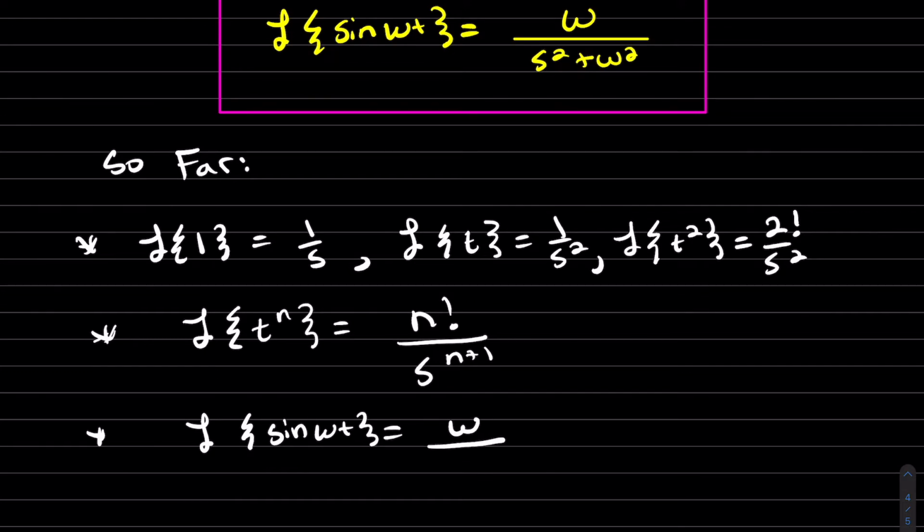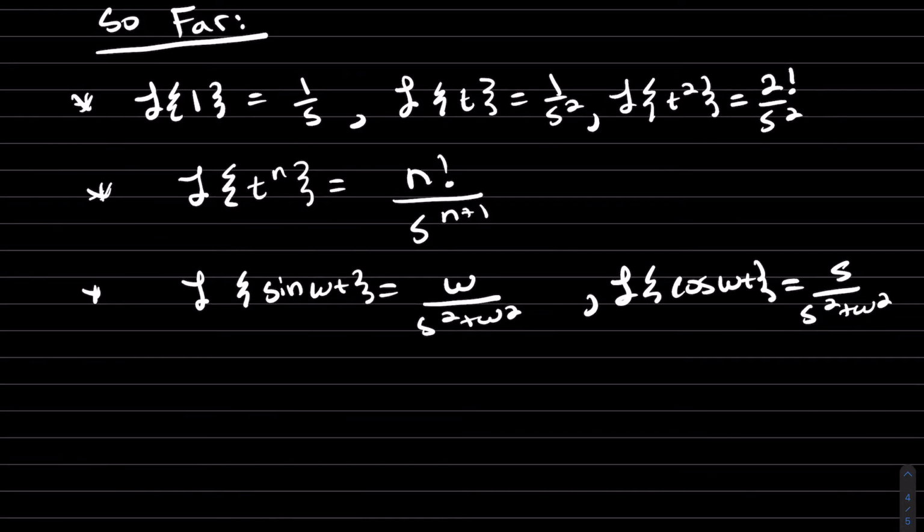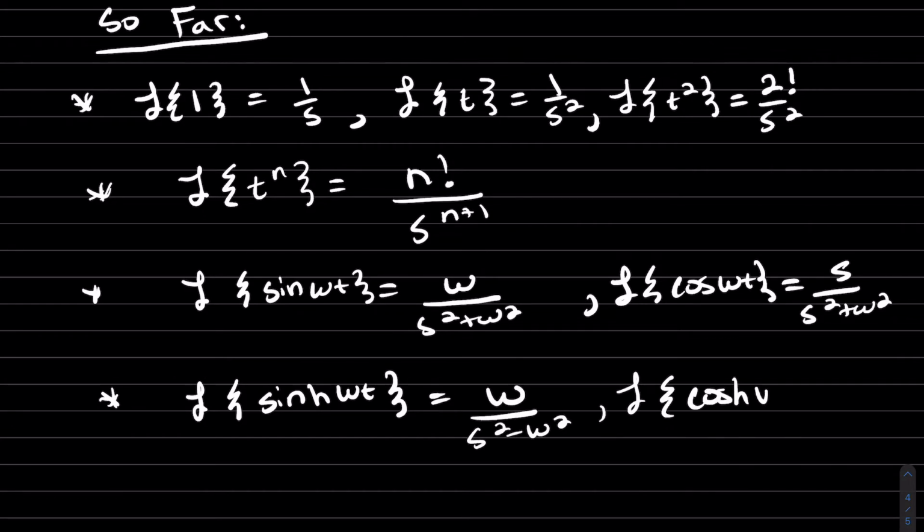It's an omega on top, s squared plus omega squared. So there's also hyperbolic, sinh omega t, which is omega over s squared minus omega squared, and cosh. There we have it.